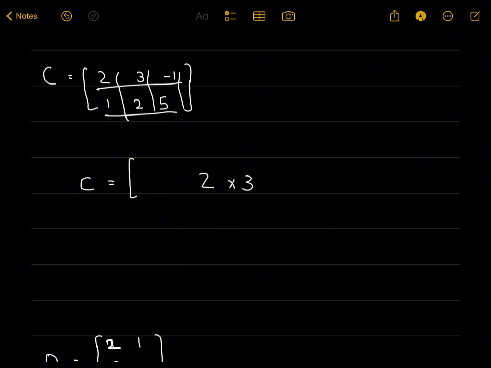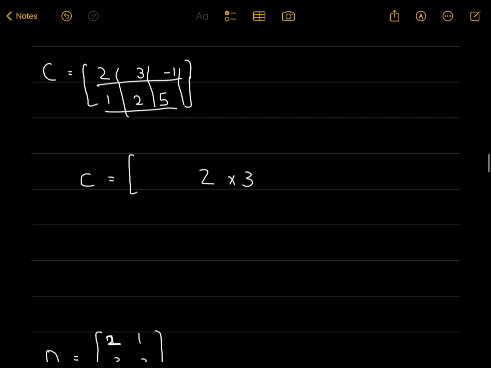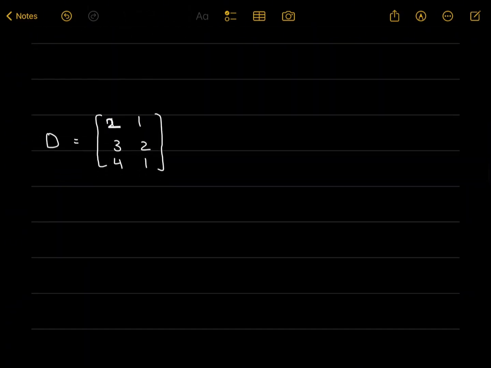So 2 into 3 is the order of matrix C. Next is part D. Part D is 2, 1, 3, 2, and 4, 1. You don't need these brackets here. 1, 2, and 3 horizontal rows.